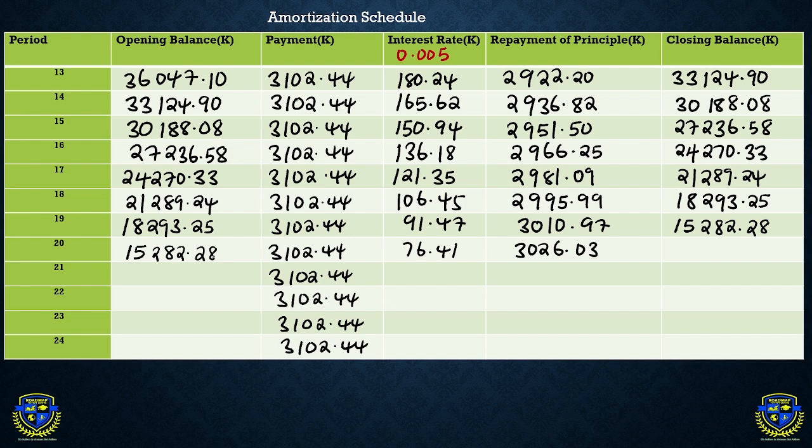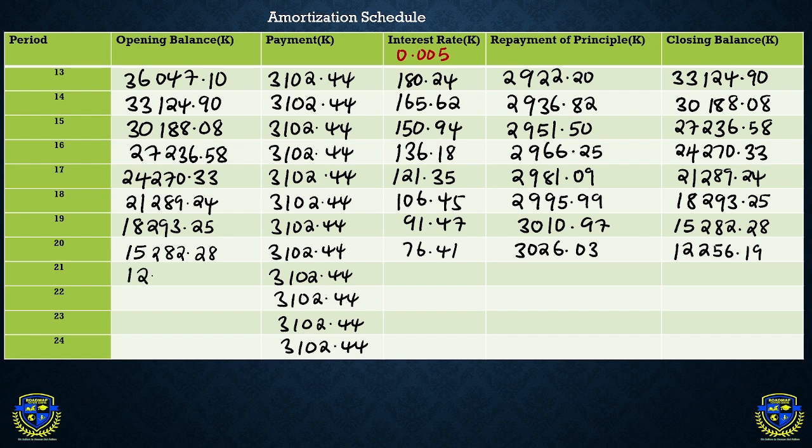Subtracting this from the opening balance, which is 15,282.28, we're going to have a 12,256.19. Okay, so that's going to be our opening balance in period 21.